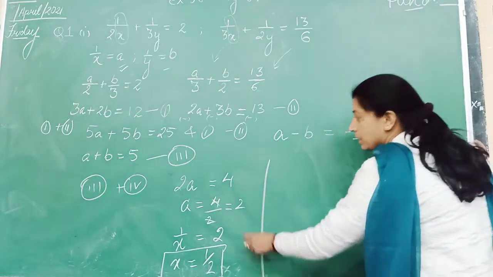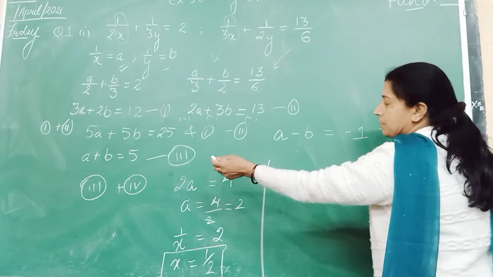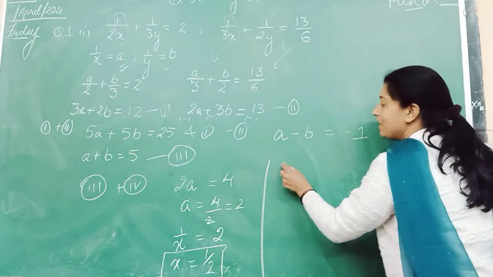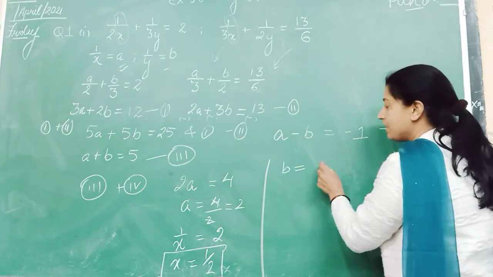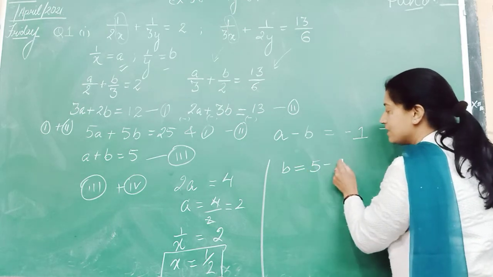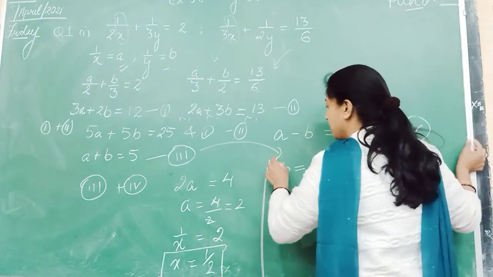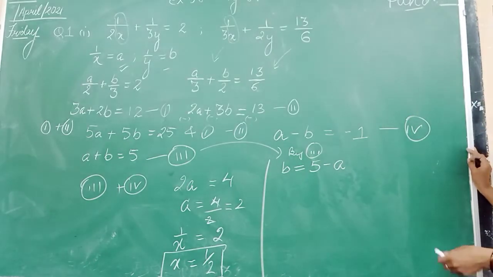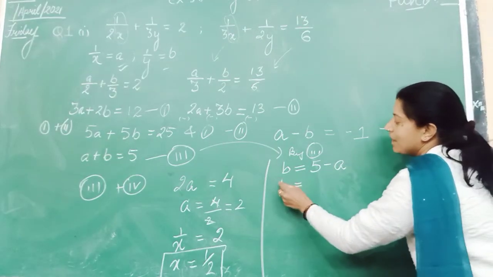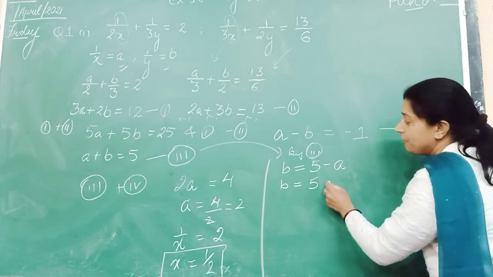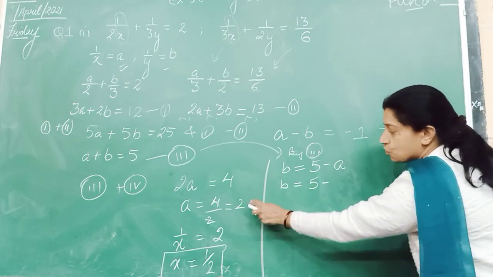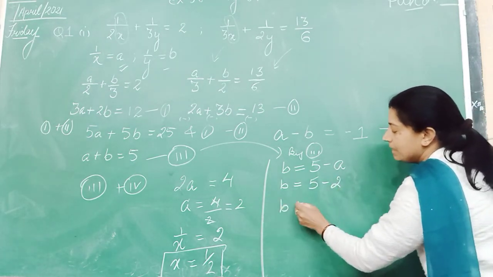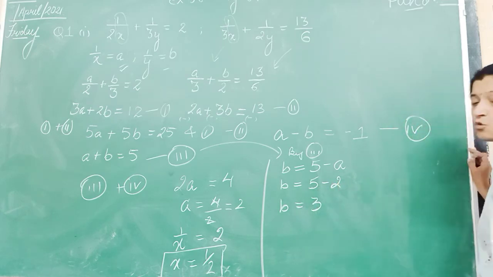Now, as we used to do in rest of the questions, from here evaluating your b. So your b will come out to be 5 minus a by equation 3. b is 5 minus a. Since we have evaluated our a, b comes out to be 5 minus a, and a was 2. So your b is 3 now. 5 minus 2, 3.